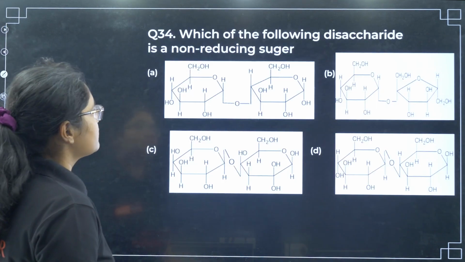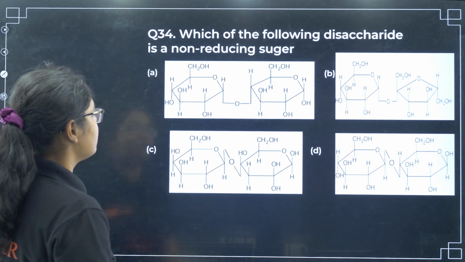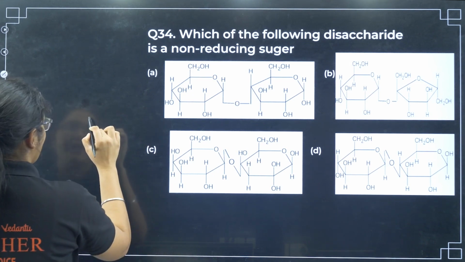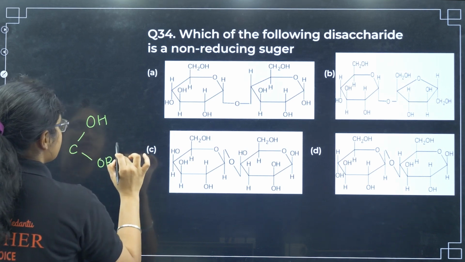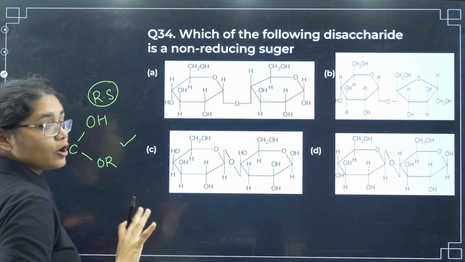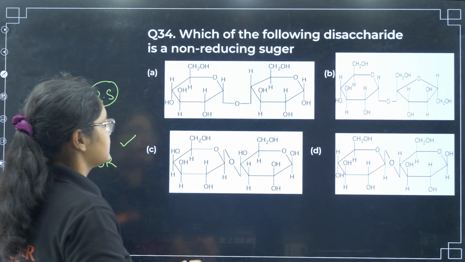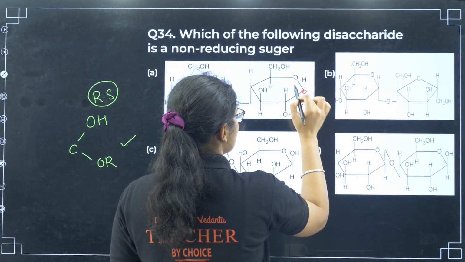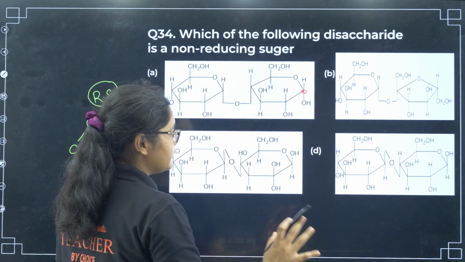Next we have, which of the following is a non-reducing sugar. If I have a non-reducing sugar, you should not have this group. If this group is present, then it will be a reducing sugar. If this group is not present, then it is a non-reducing sugar. Now if I see this carbon, it has OH and OR, so this will be a reducing sugar.